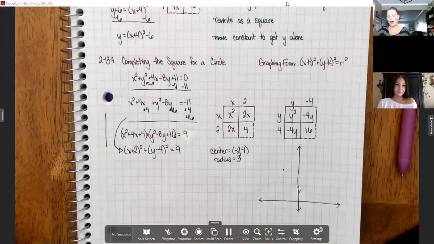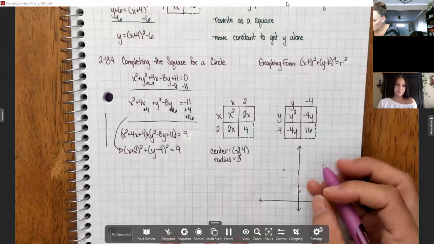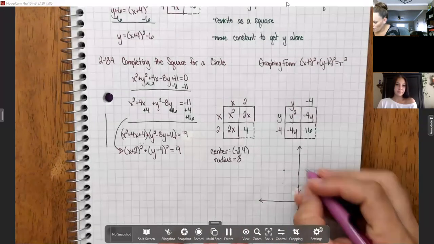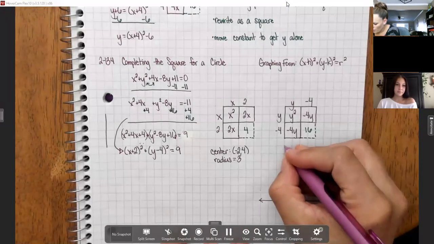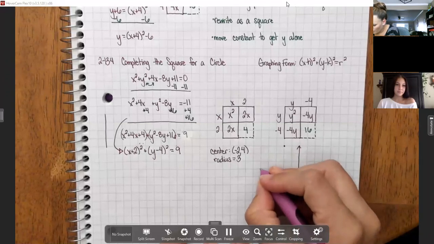And then to graph your circle, what I personally think is easiest is to, from that point, just go up 3, down 3, left 3, and right 3. So there's our center, negative 2, 4. Up 3, down 3, right 3, and left 3.